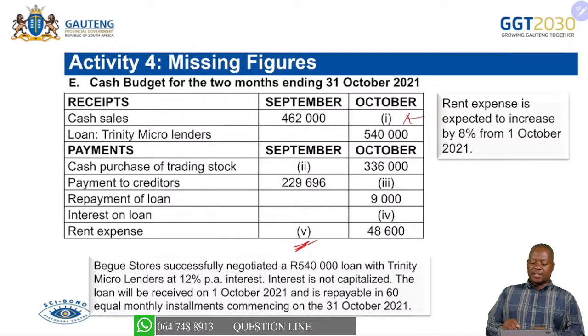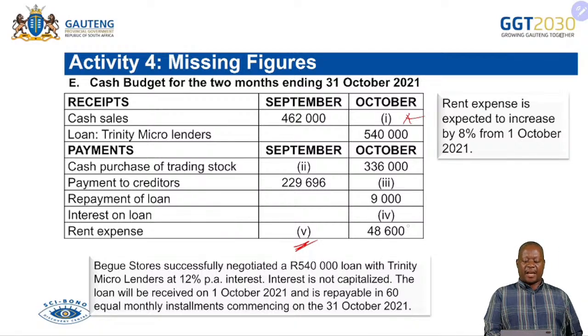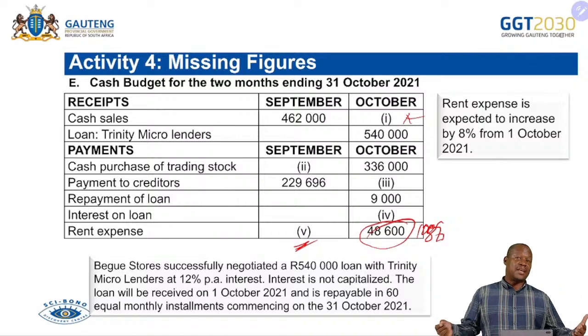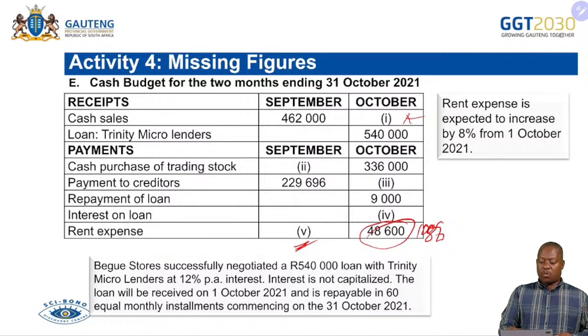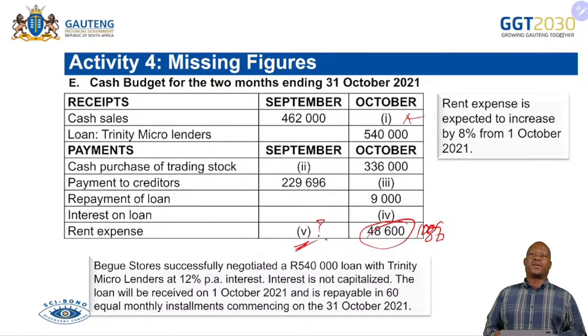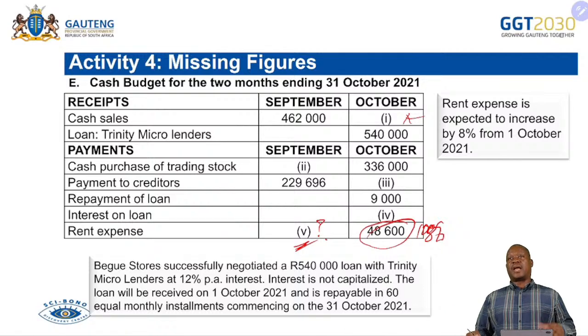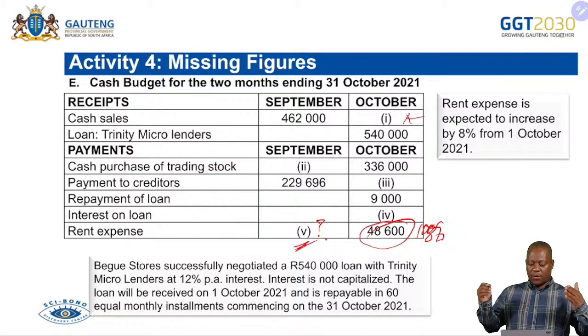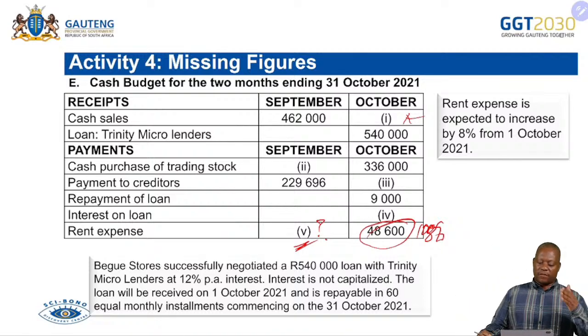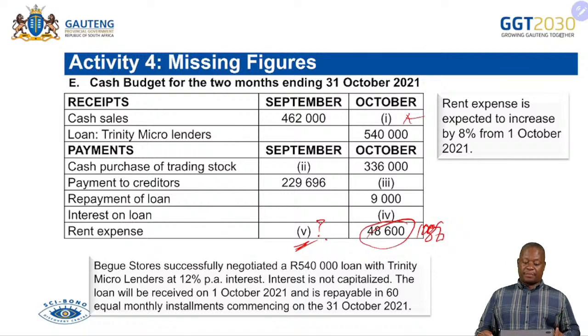So it means this figure is already after the increase of 8%, which means it is 108%. Is that making sense? So what are we looking for? Here is the 100 that we are looking for. So I think it's easy now to find it. 100 over 108 times 48,600. That's how we are going to find the figure for rent expense for the month of September.